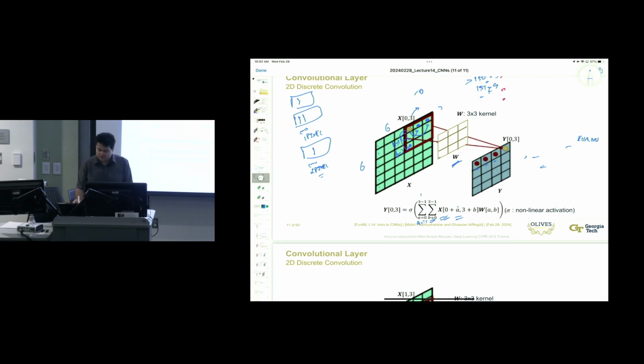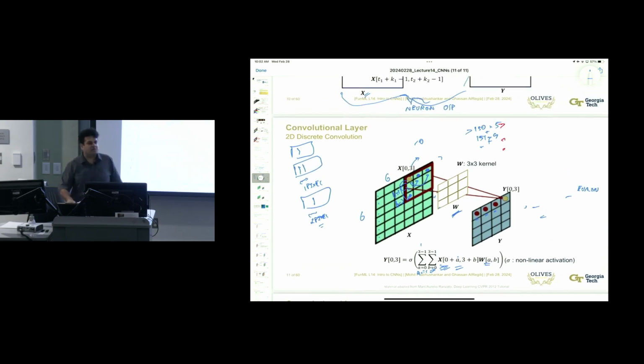And whenever we consider those elements, we are multiplying that X value with the W value. It's just a multiplication, which is exactly what I showed here. 150 multiplied by 5, 155, 151 multiplied by 4, and so on. So this equation is nothing more than just a bunch of multiplications and additions that are done together using my kernel and my image.